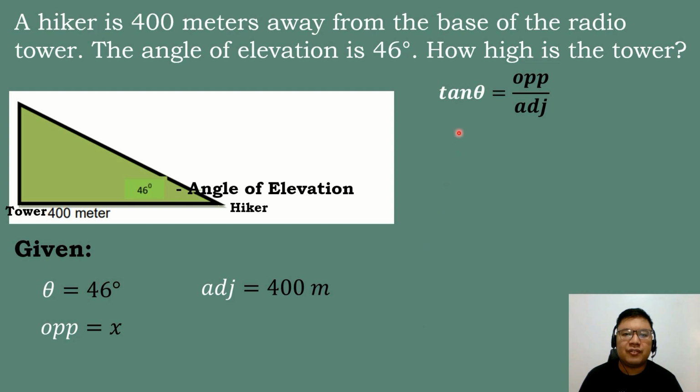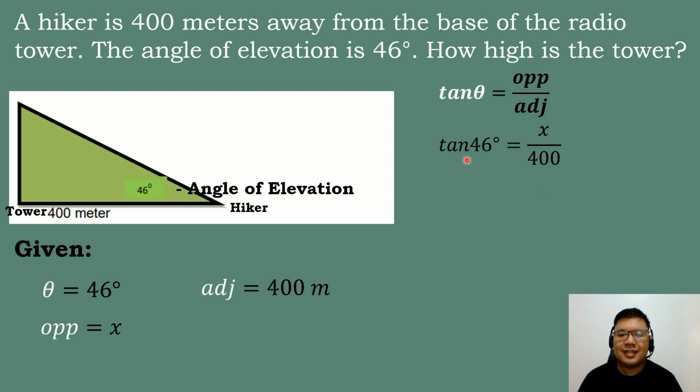And then by using the formula of tangent, tangent theta is equal to opposite over adjacent, all we need to do is substitute our given into our formula. So we have tan 46 degrees is equal to opposite, which is x, over adjacent, which is equal to 400 meters. We will cross multiply.